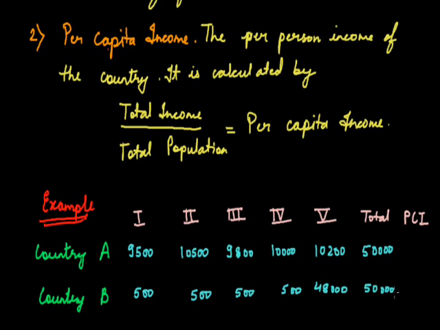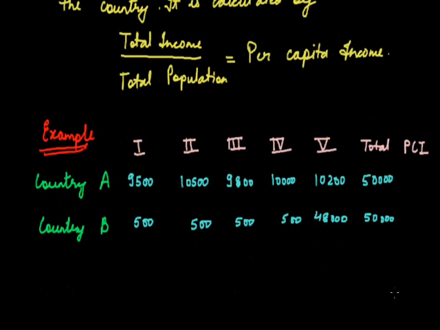Now, if we see these two sets of data, we'll find that the total income, or the national income, of both the countries is equal at 50,000 rupees. But if you see the distribution of income, it is very different and varied.